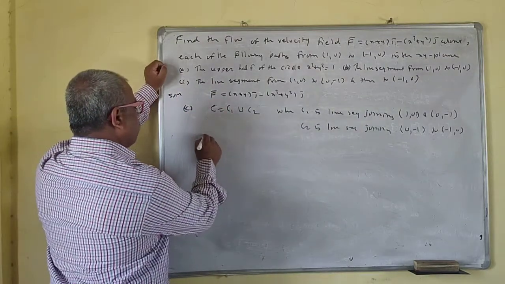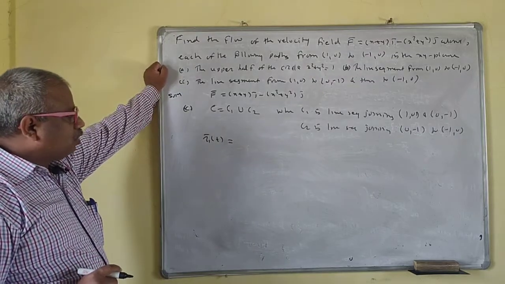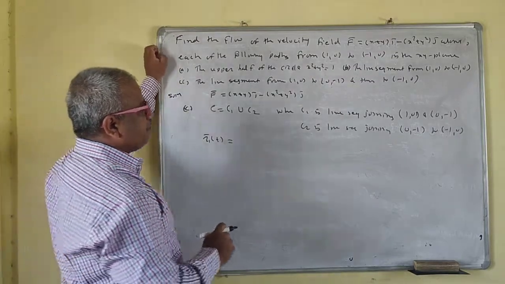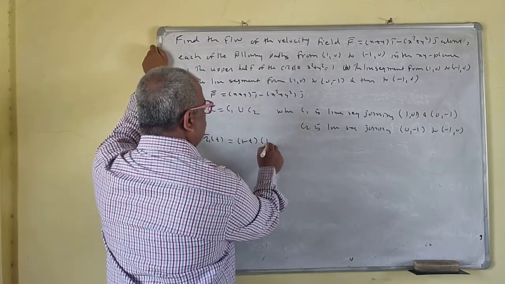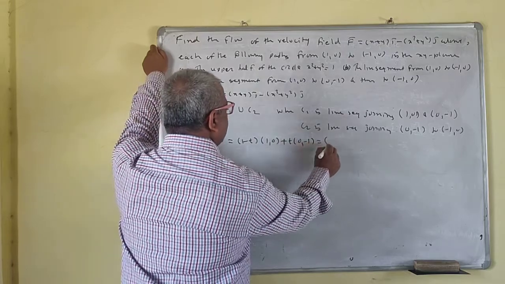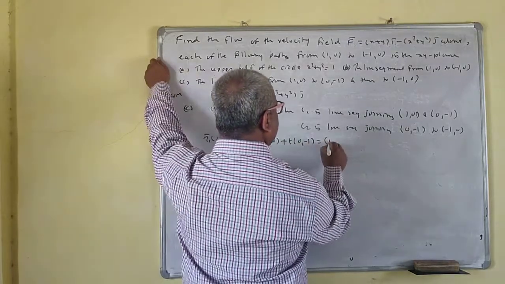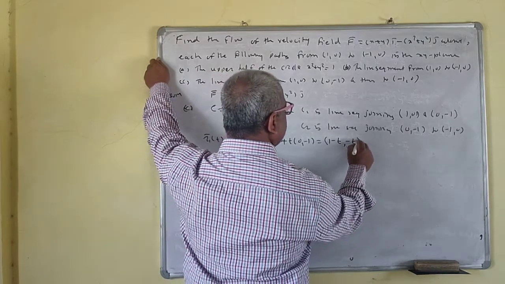Okay. So r1 bar of t, we'll write r1 bar of t. So what is r1 bar of t? 1 minus t, 1 minus t, 1 0 plus t 0 minus 1. So this is 1 minus t, and this is minus t.